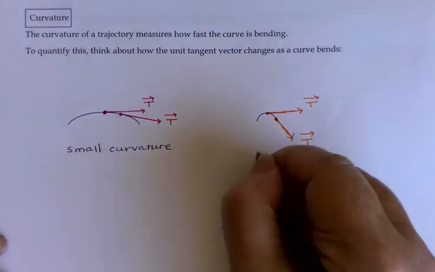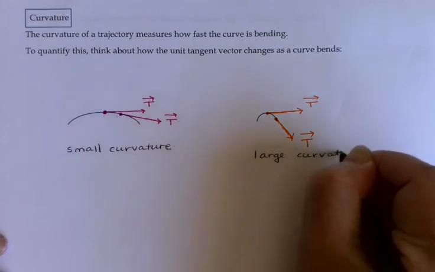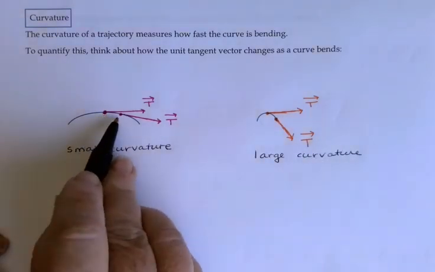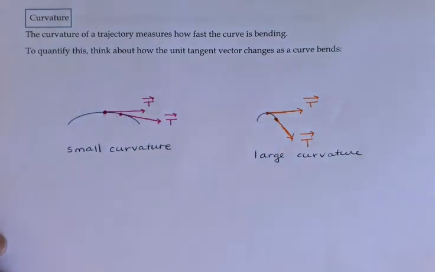As opposed to here, where I have a large curvature, notice how if I moved about the same distance along the curve, my unit tangent vector now has changed a lot. It's a very different vector. So it seems as though the rate at which the unit tangent vector is changing is going to help me define the curvature.